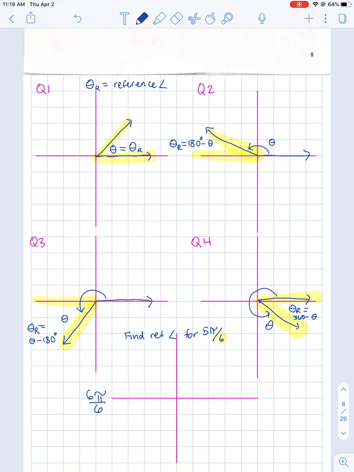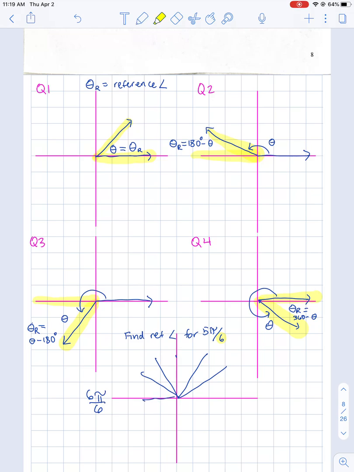When you get to pi, you now have 6 slices of pie. And what I want you to picture is 1, 2, 3 being there, 4, 5, and then 6 pi over 6 being here.